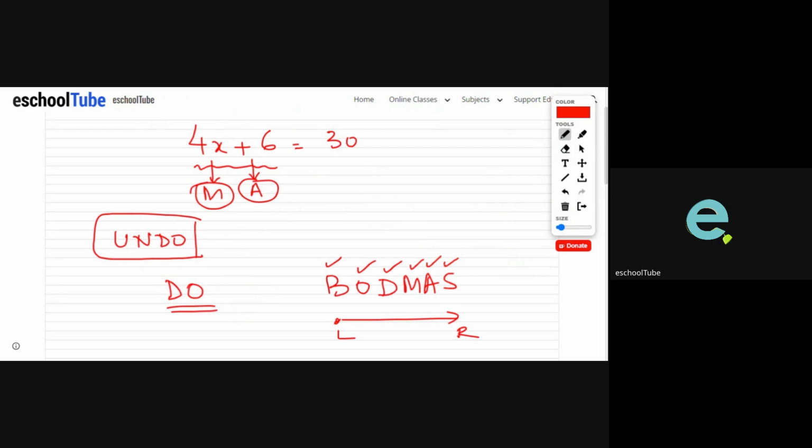So you have to go from right to left: subtraction, addition, multiplication. You are not doing, you are removing. So first of all, you will remove subtraction, then addition, then multiplication, then division. And how will you remove? By inverse operation. Okay, you will remember, right?